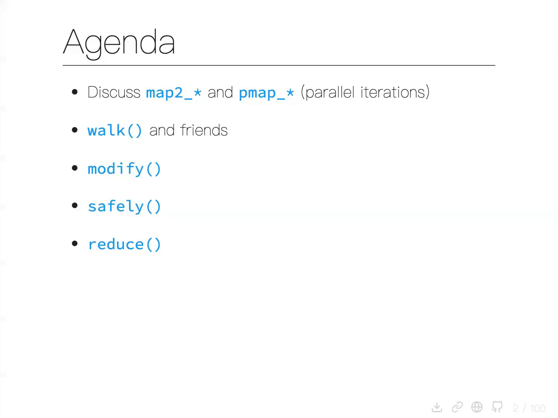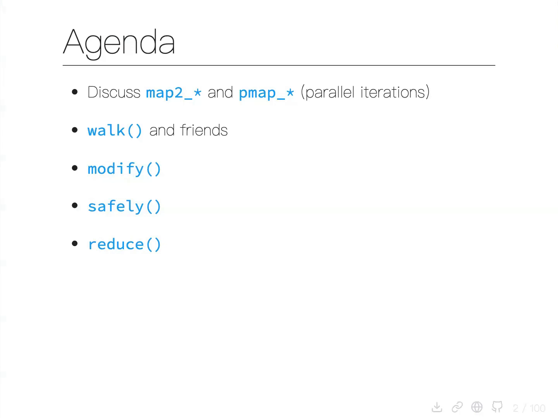So instead of looping over one vector, you're going to loop over 2 vectors with map2, or 3 vectors or 4 vectors or 5 vectors all at the same time with pmap. We will also talk about a function called walk, which is very similar to map with one exception, which is basically you apply walk when all you want is the side effect. Maybe that doesn't make sense right now, but hopefully will by the time we get there.